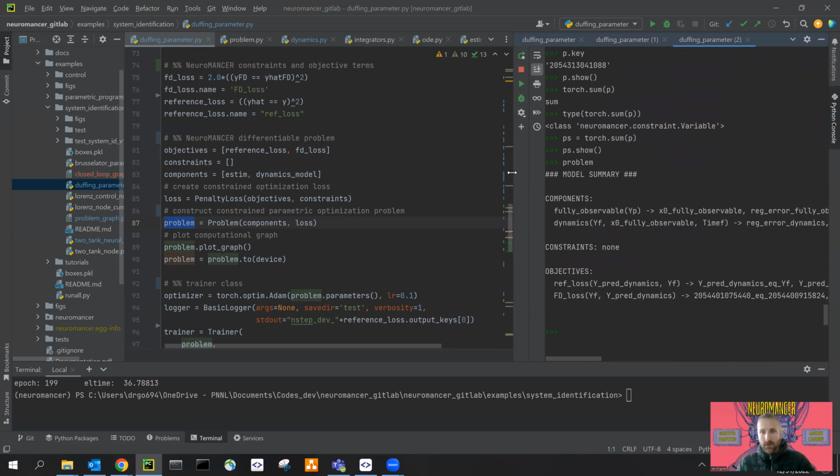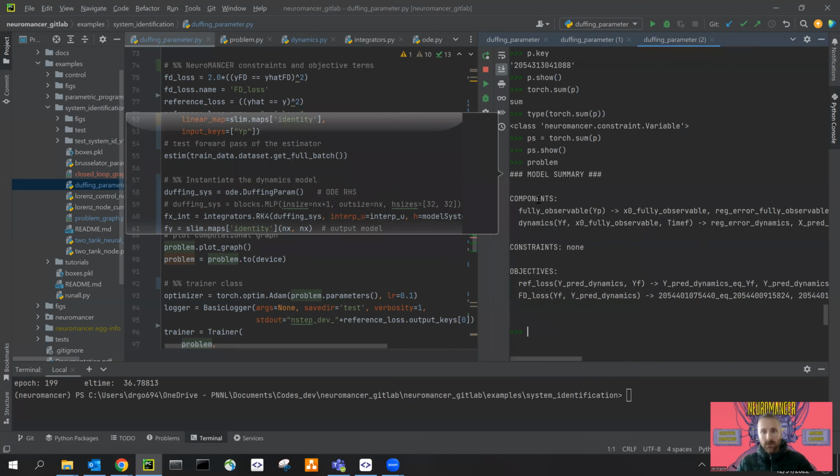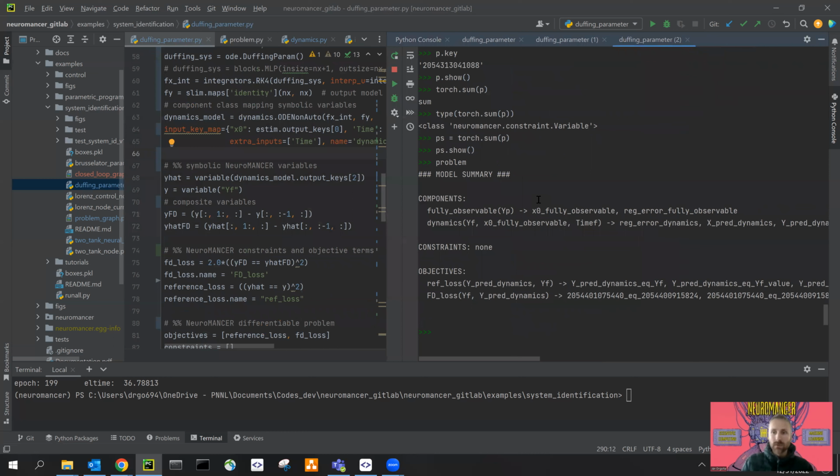it has also this neat representation that will quickly provide you with the summary of what it does. So it has components, and you see the first component is mapping yp, it's a fully observable estimator. It's mapping past output trajectories into initial conditions and some regularization term on the internal components.